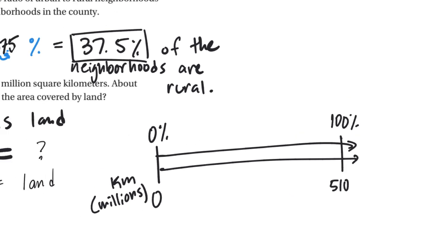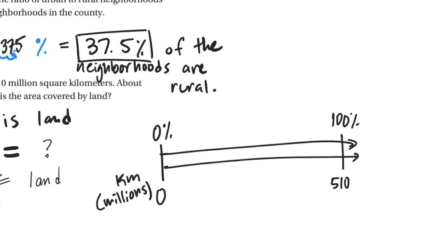And we're asking, what's the 29%? This is land. The rest would be the water. So this is the amount for the land, L for land.